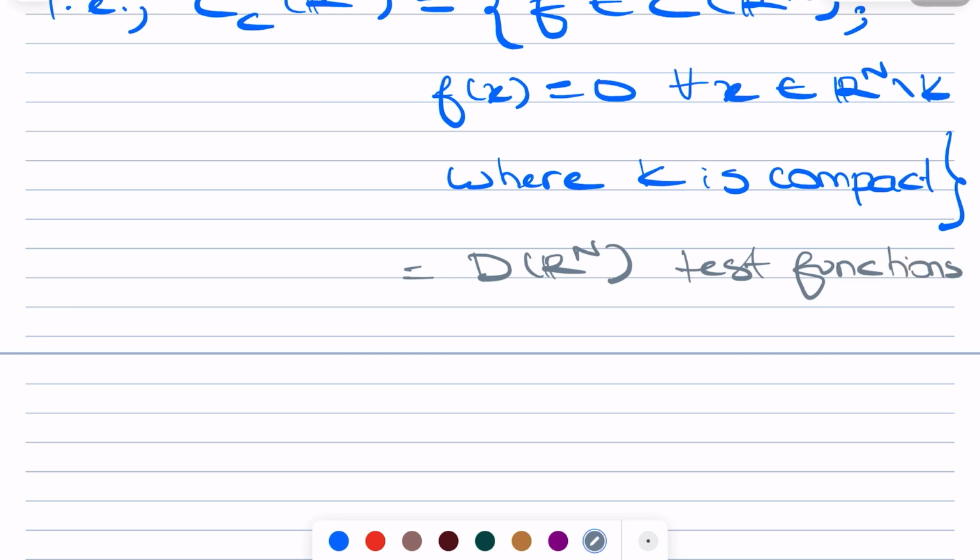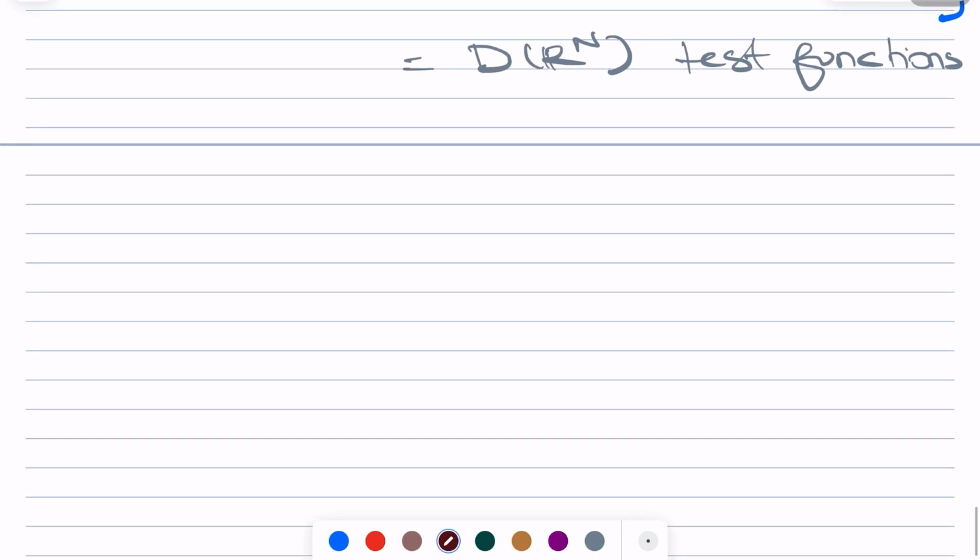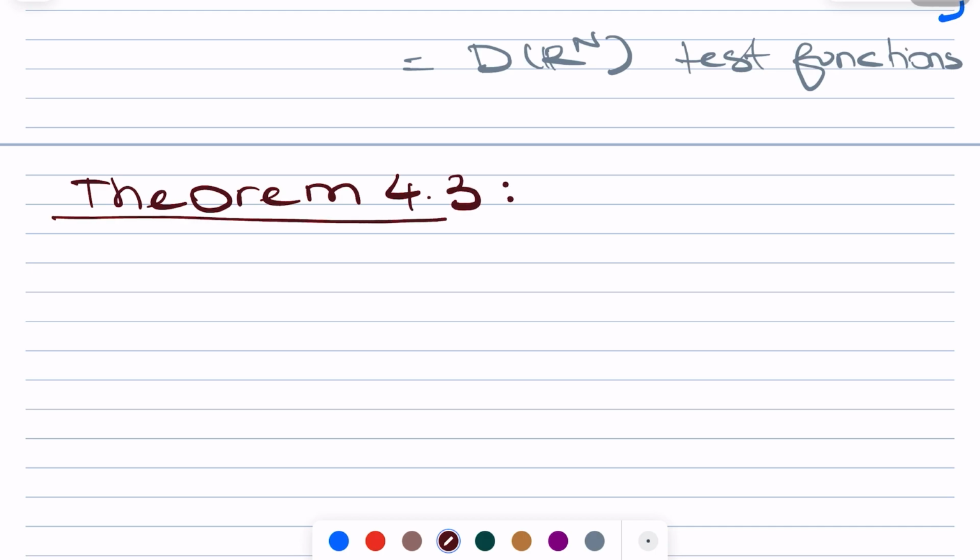Okay, so our next theorem is related to denseness, theorem 4.3, I think. And this is a denseness result.